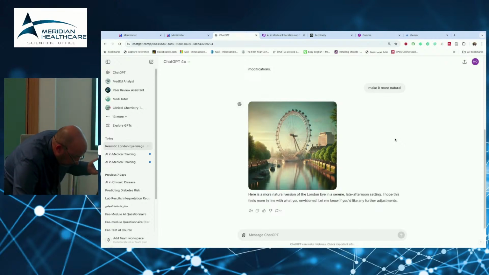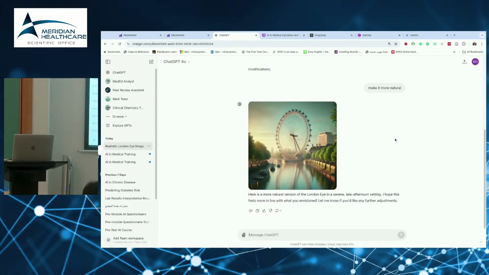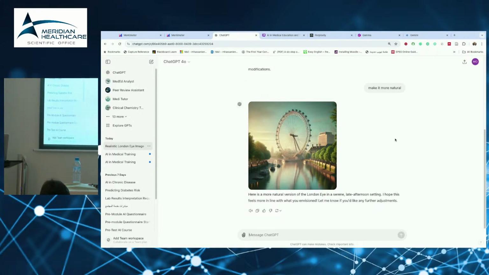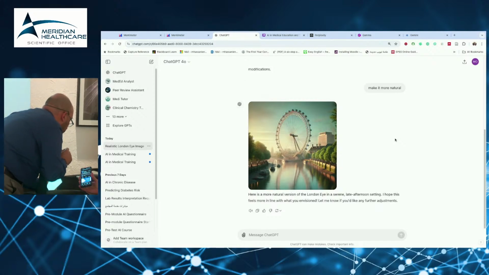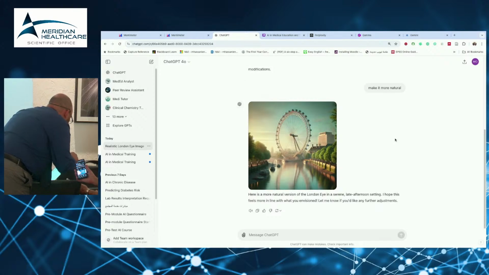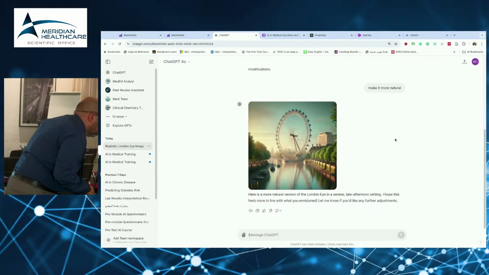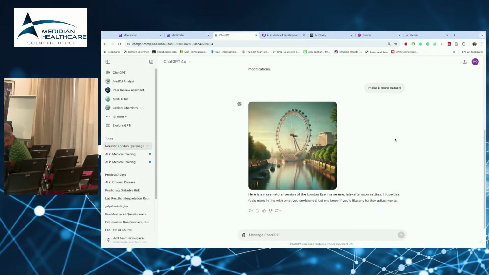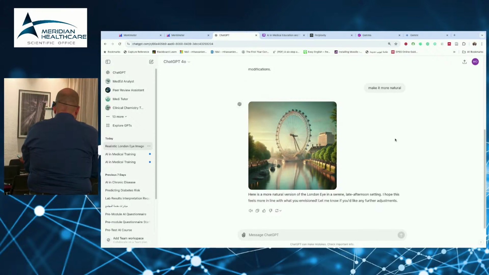Allow it to be your SwiftKey. Okay, Microsoft SwiftKey, install. And after that, let it be your default, or use it as your keyboard.